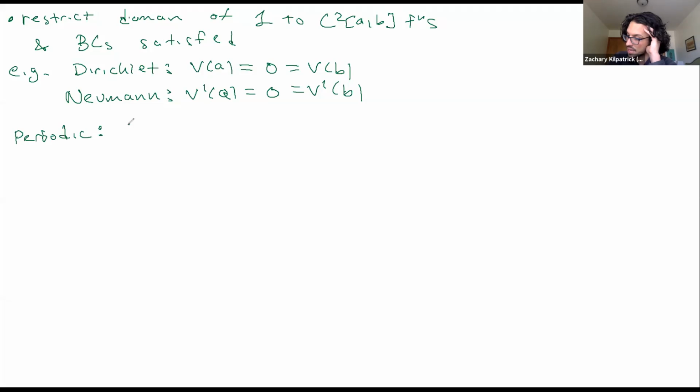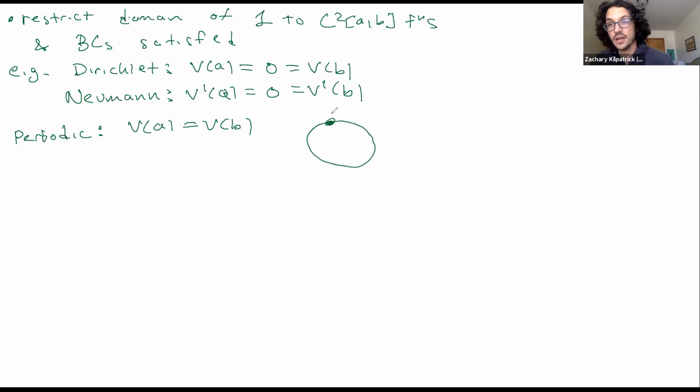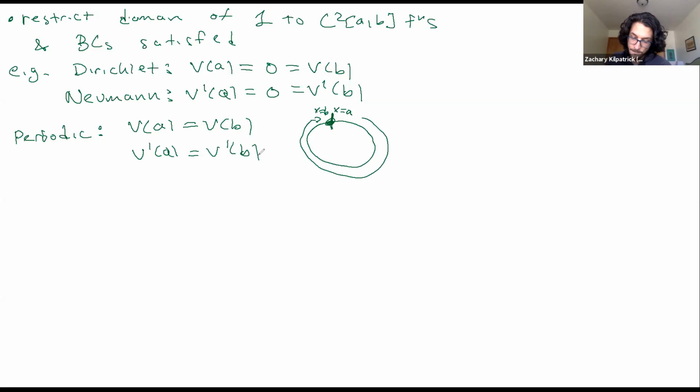Well, that's essentially that V of A is equal to V of B. So the idea here is that maybe you're modeling heat conduction in some annulus. Here's X equals A, and then you go all the way around, and here's X equals B at this end. Or you could have periodic flux boundary conditions, so V prime of A equals V prime of B, okay?